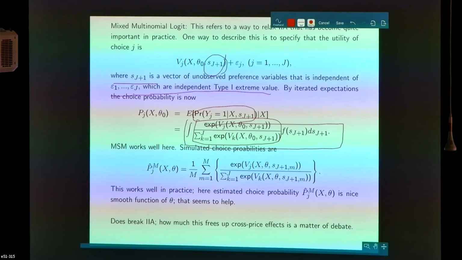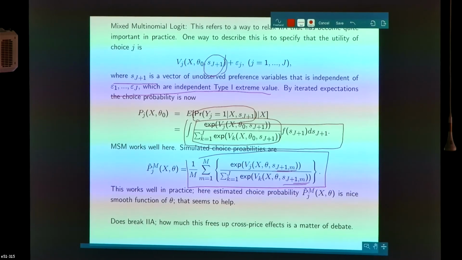Furthermore, it's nice and smooth in the parameters. You've integrated out the epsilons, so you just draw simulation draws for the S's, and there are your simulated probabilities right there. They're nice and smooth in theta. You can do maximum likelihood, no problem.